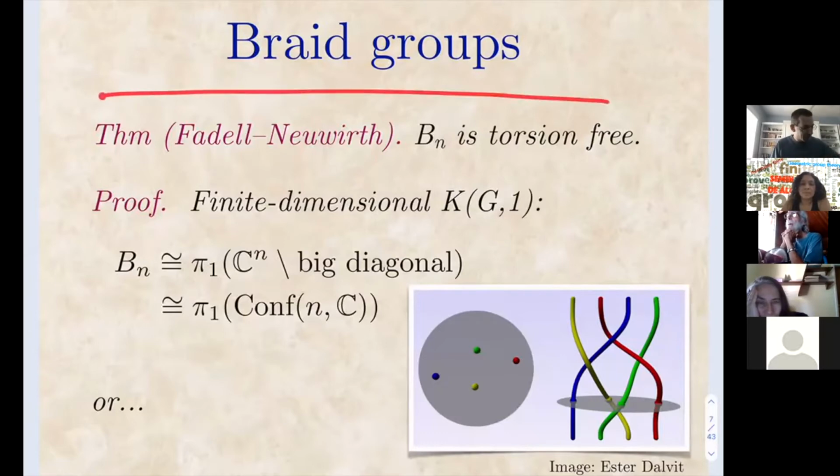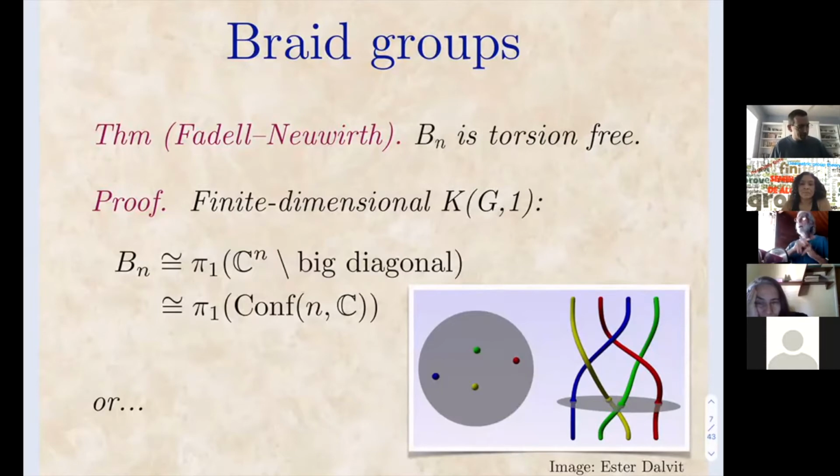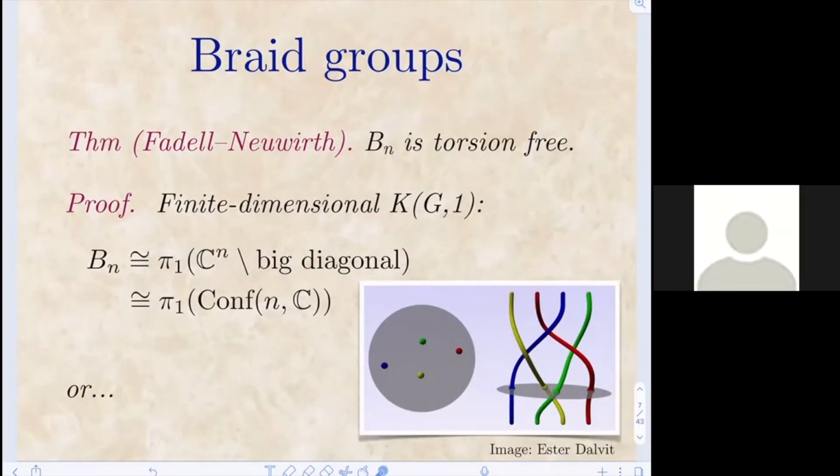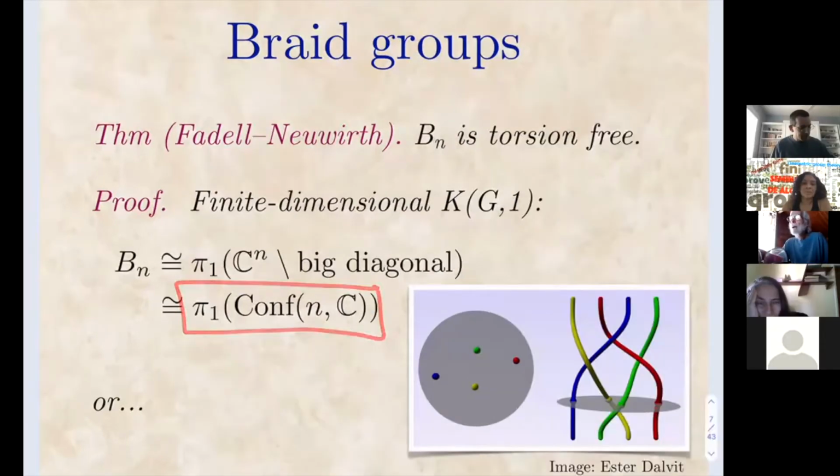The braid group is torsion-free, and one proof is that the braid group has a finite dimensional K(G,1) space. Any group with torsion, any group that has a finite order element, a K(G,1) space will be infinite dimensional. So here there's a nice K(G,1) space, which is, this is maybe a simpler way to say it, you take the space of configurations of n points in the complex plane, and that's the K(G,1).